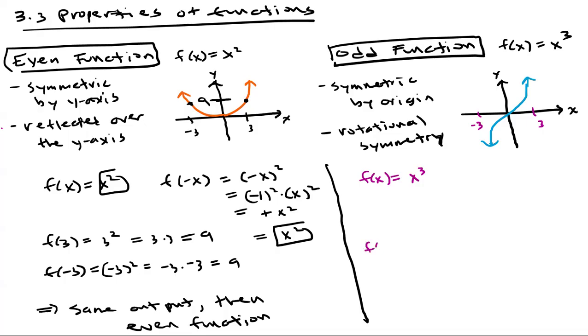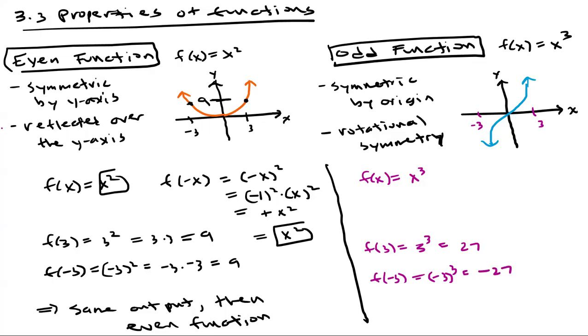So if I have f of 3 and I plug it in for my function, x cubed, we're going to get what? 3 times 3 times 3, which is 27. If I plug in negative 3 for my function, that's going to be negative 3 to the third power, and I'm going to have a negative 27.